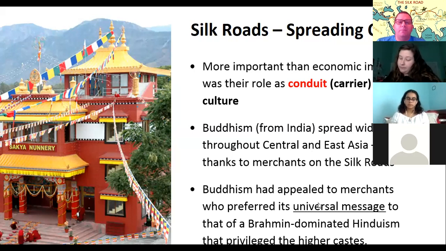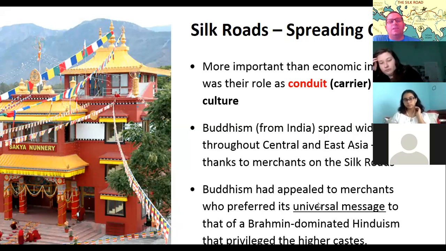Now, the merchants really like Buddhism because Buddhism has that universal message. You can compare that, of course, to Hinduism, which had that very rigid caste structure. Remember that the Hindus said, well, if you're born into a low caste, you're just kind of out of luck. It sucks to be you, and your life is going to be awful, but oh well, this is just what it is.